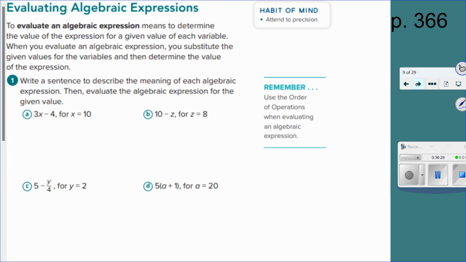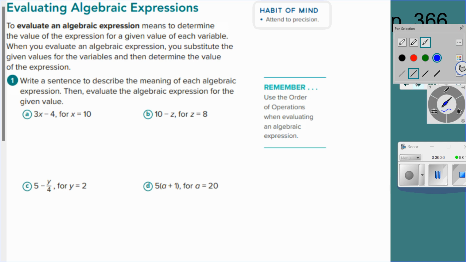Okay. And we have one more definition, evaluating an algebraic expression. To evaluate means to determine the value of the expression for a given value of each variable. In other words, I need to tell you what my variable equals to be able to solve it. The way I normally do that, I'll give you the expression and then I give you a value.